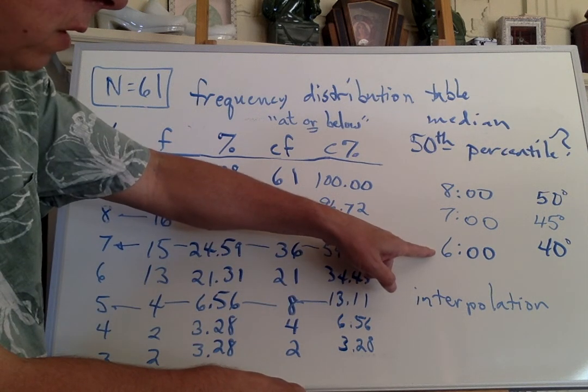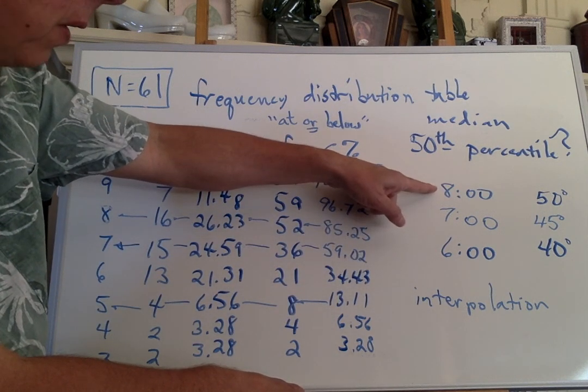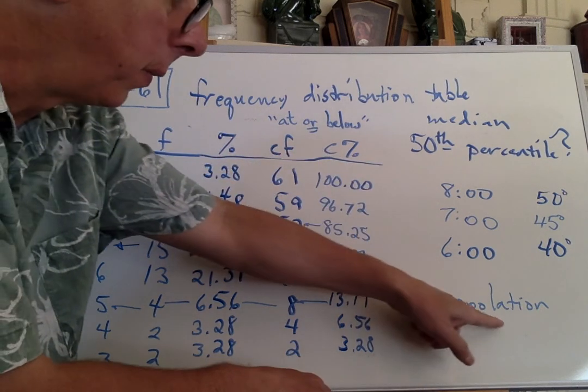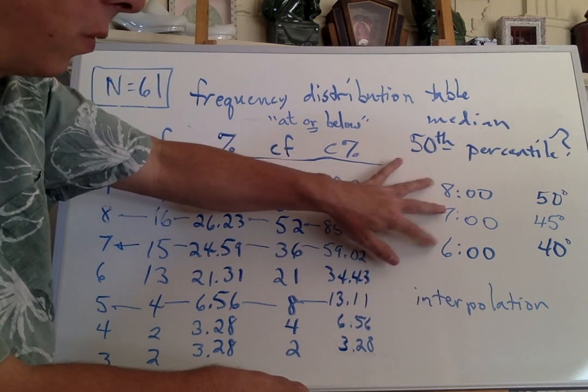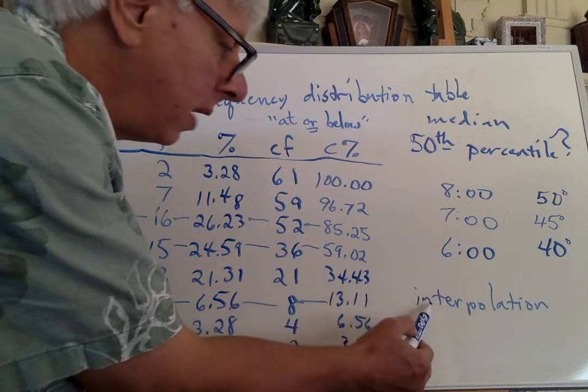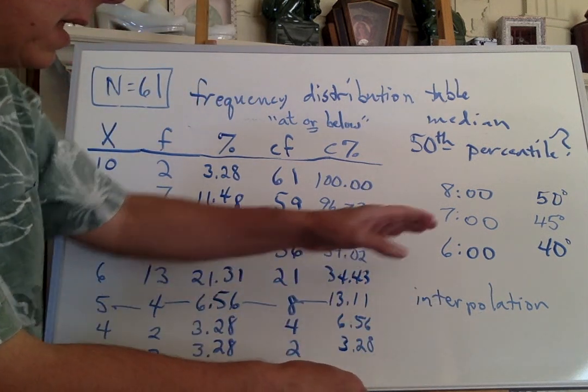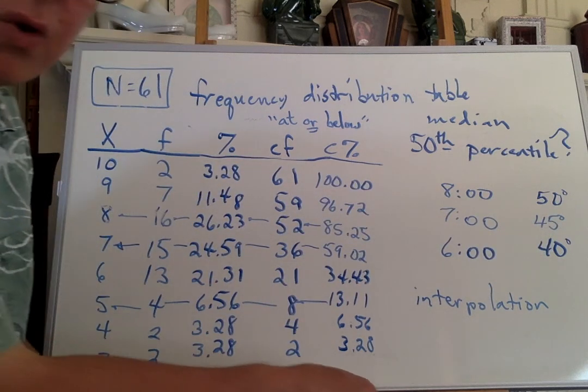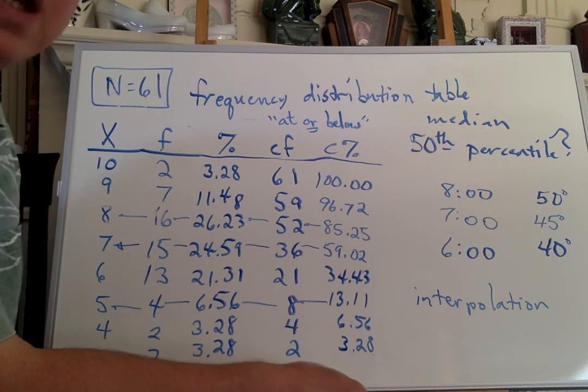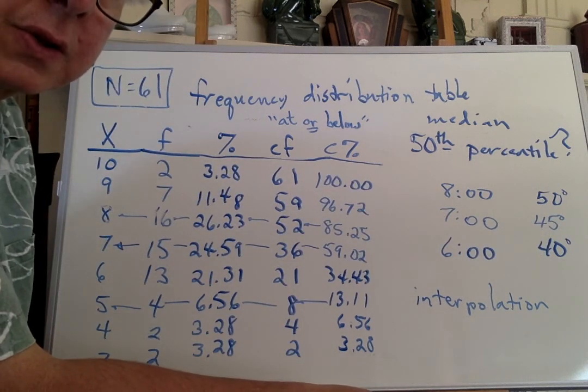We have this pole, and we have this pole, and I want to know what's in between. So interpolation, okay? My guess would be that the temperature was 45.